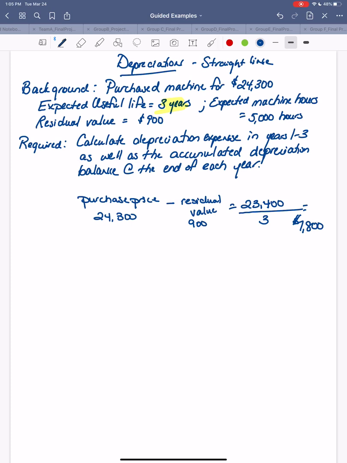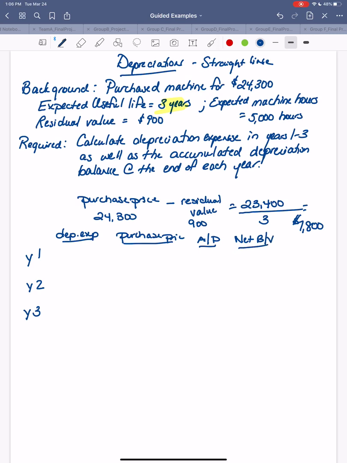Because I'm asking you to calculate the depreciation expense each year as well as the accumulated depreciation, let's just put something on paper so you can see each of those, right? So year 1, year 2, year 3, I'm going to put a column for depreciation expense, a column for purchase price, a column for accumulated depreciation, that's what the AD stands for, and then a column for net book value.